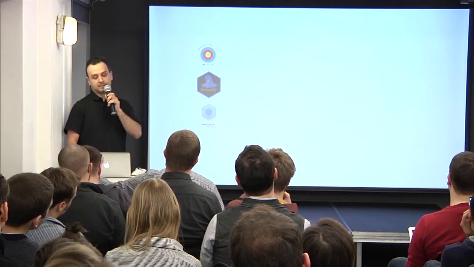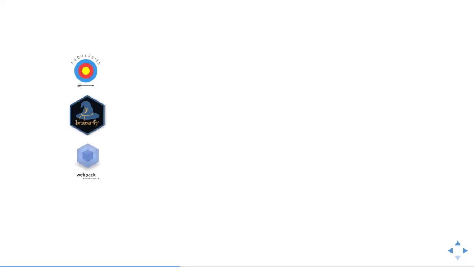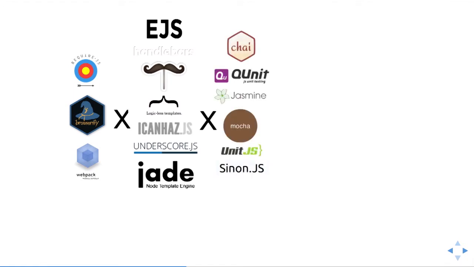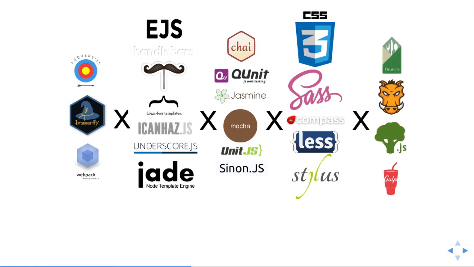But if we take a look at the set of all the tools, we need to choose how we are going to build our application, like how we are going to bundle and do the dependency management, module separation. Then we need to choose the templating engine, and then the testing framework, and then how to do the pre-processing, and finally what is going to be the building engine.